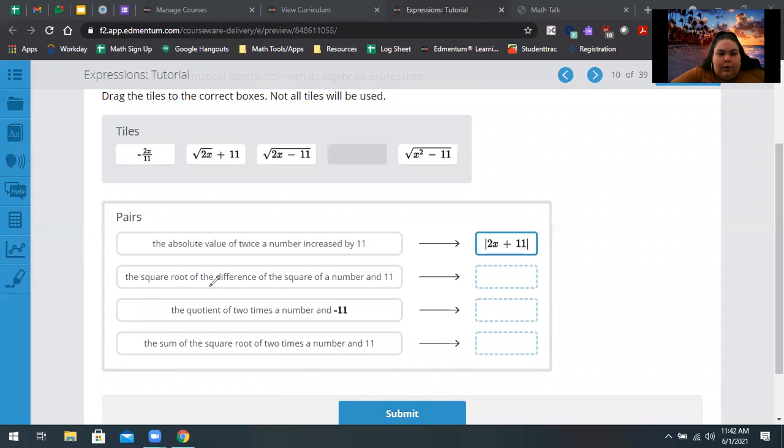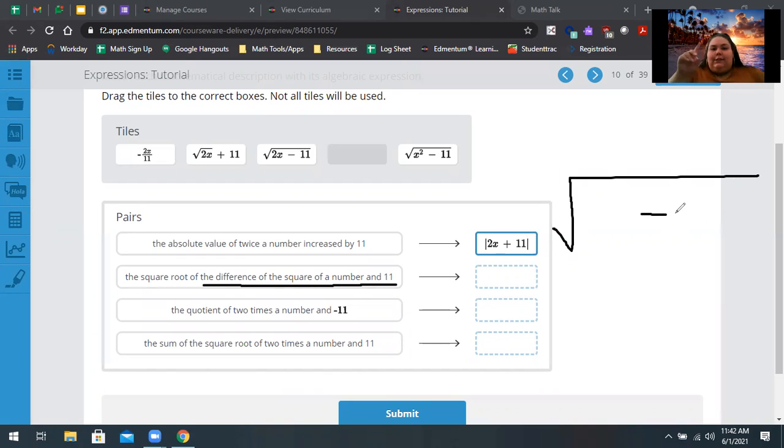So the square root of the difference of a square of a number and 11. I actually was on the right track. I just second guessed myself here. So the square root of the difference of, so there's always an of, the square of, the difference of. There are multiple steps in here, of the square of a number.